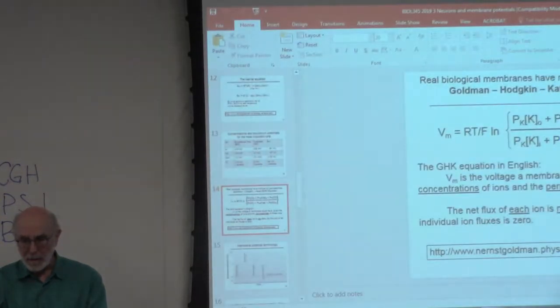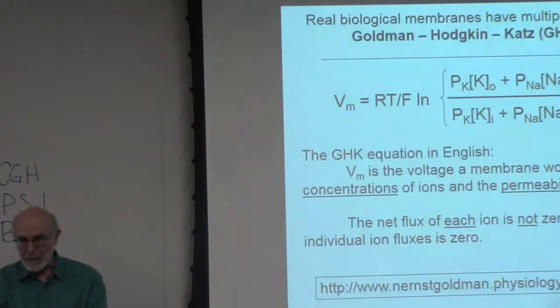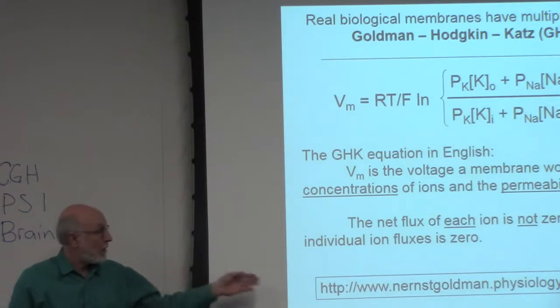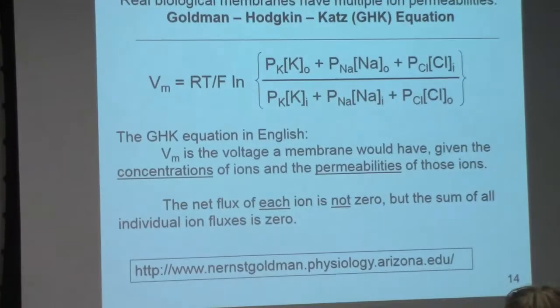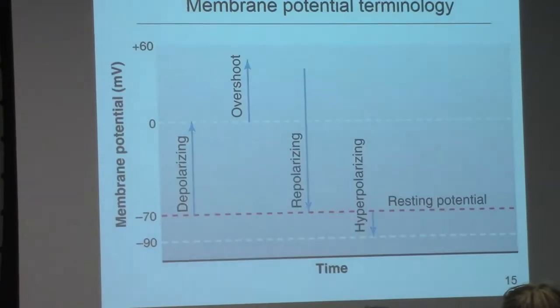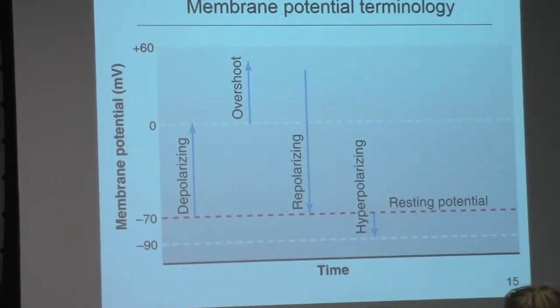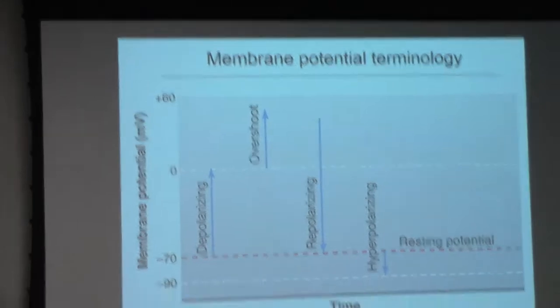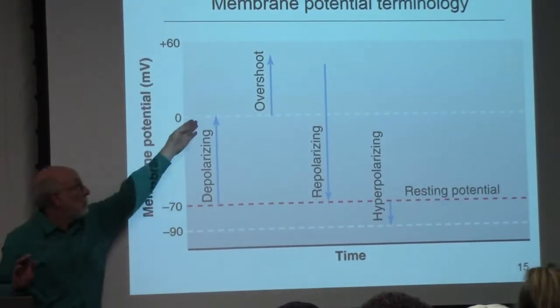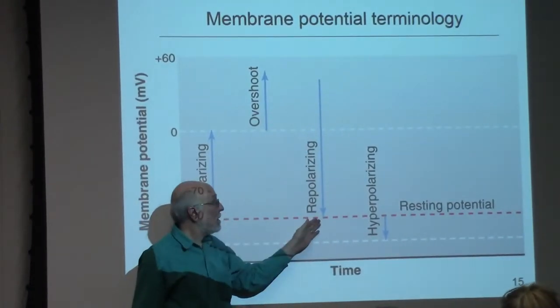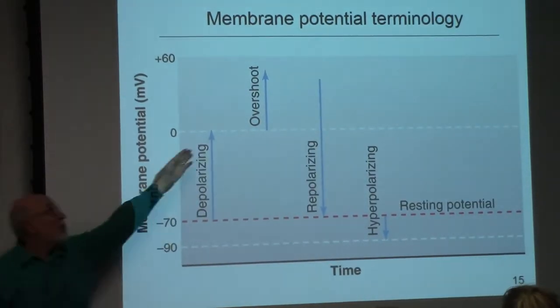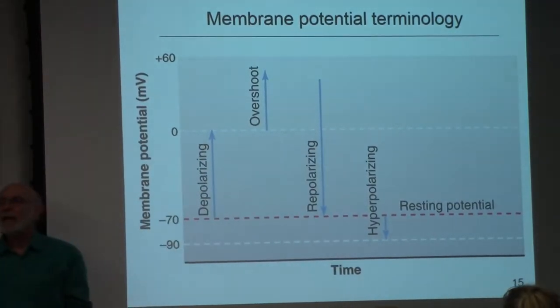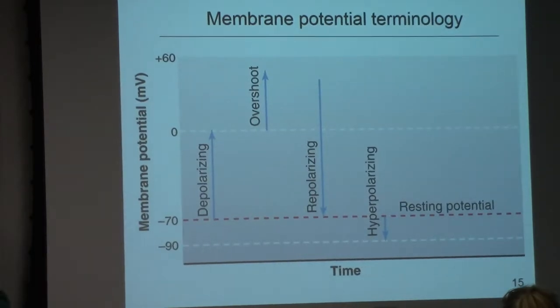Let's go back to the PowerPoint and see where we are. So I've talked about the Goldman-Hodgkin-Katz equation and the Nernst equation. The language of membrane potentials: depolarizing, repolarizing, hyperpolarizing. I don't use the word overshoot. Anything above zero is called the overshoot, but I don't use that very much.